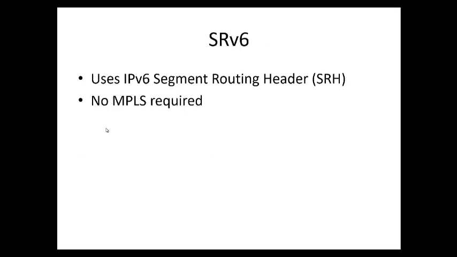There is no MPLS needed for segment routing version 6 because it has got the field called SRH, segment routing header. In the IPv6 header, we have this SRH. That's where the next hop or the instruction that is needed will be added, will be seen.